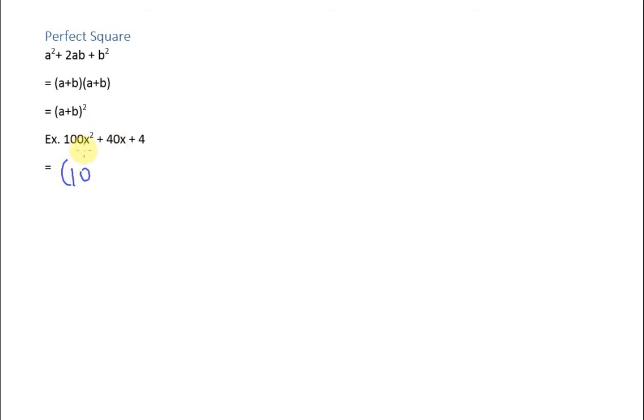What's my perfect square? 100x squared is really 10x all squared. And what's my b? The last number is a perfect square, so 2 squared is equal to 4, so b is 2, and it's squared. How do you know that it's equal for sure? You could double check by expanding.